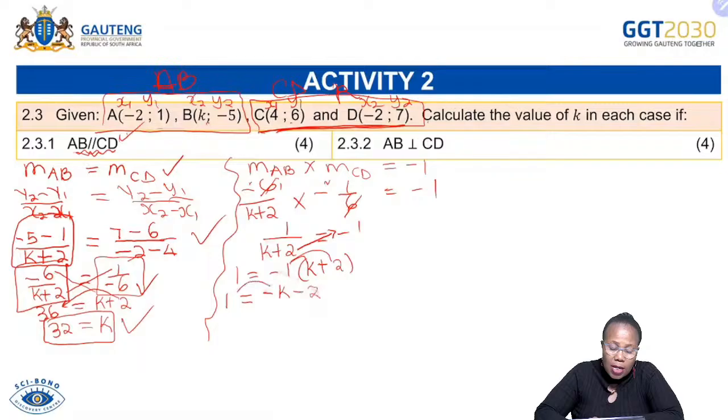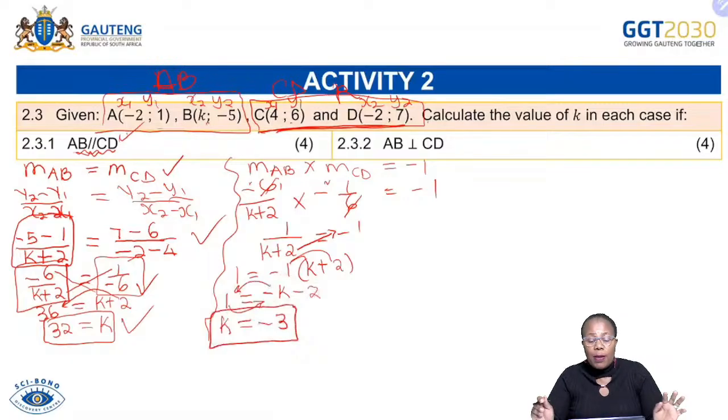So we will take k to this side so that it becomes positive k, and take 1 to this side, and then it will be -2 minus 1, which is -3. Therefore, if these two lines are perpendicular, the value of k is now changing to -3 because the conditions are not the same, grade 12.